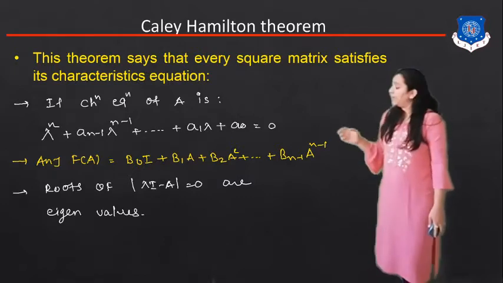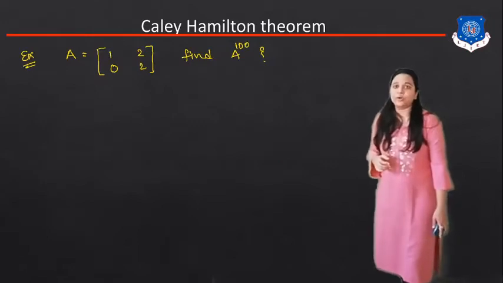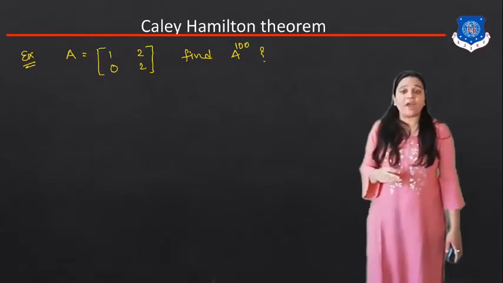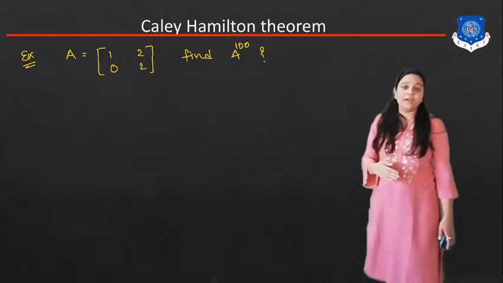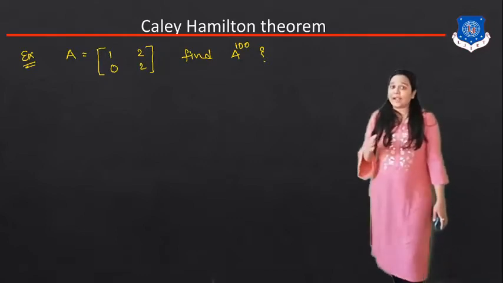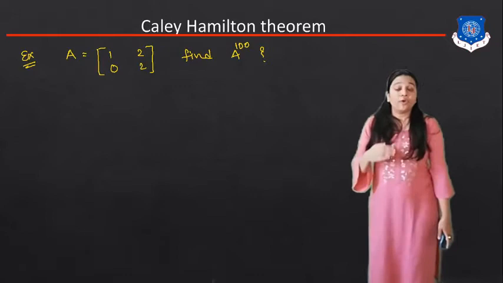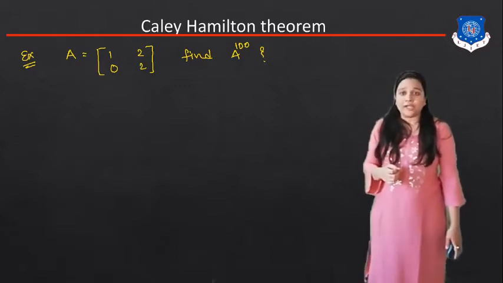First we have to find the roots of this matrix, and then apply the Cayley-Hamilton theorem to find the value of phi of k.